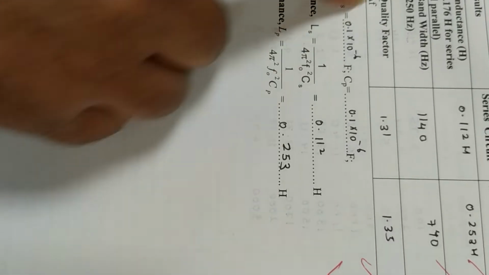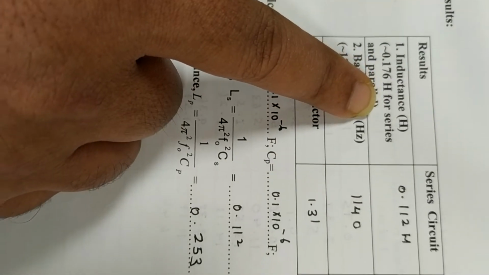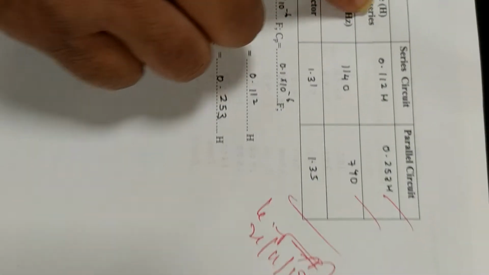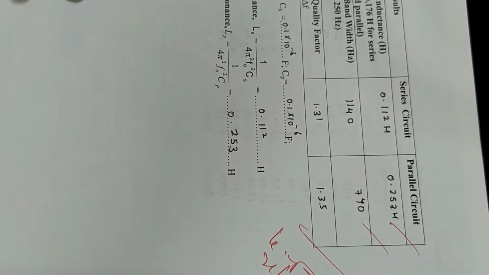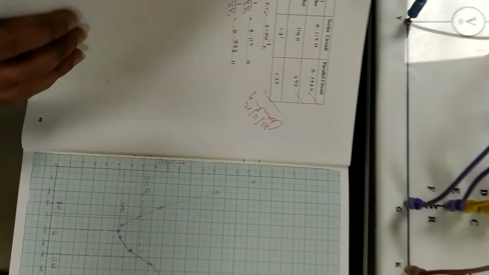It will be around 0.176 Henry. So with this, we could understand all three objectives of our experiment.